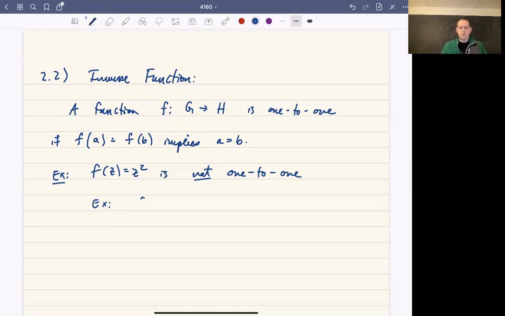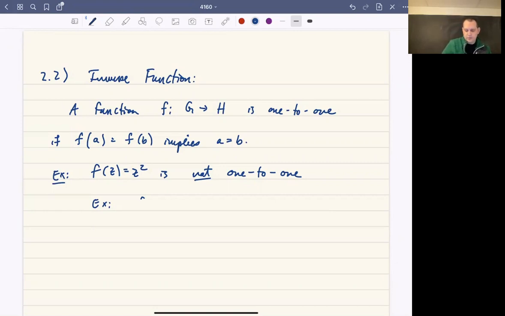So a function's 1-to-1 if the only time you have the same two outputs is when you have the same input. So for example, if you were to have a linear function, let's take f of z equals i z. So you take the complex number z, and to compute f of z, you just multiply by i.